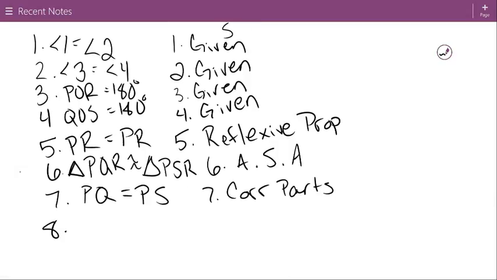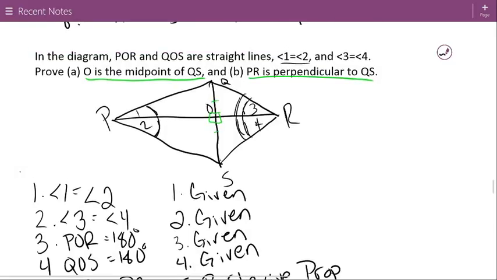So now 8, we have triangle POQ is congruent to triangle POS. Because again, they're sharing this side. We've got angles 1 and 2, and then because PQ and PS are equivalent, as we were proving triangle PQR is congruent to PSR, those were corresponding parts.